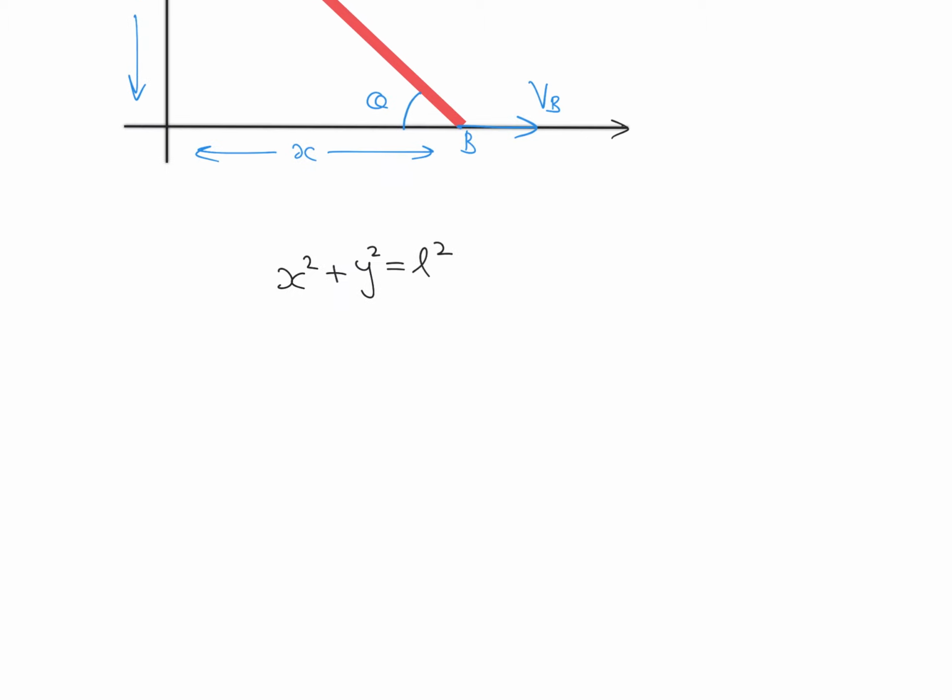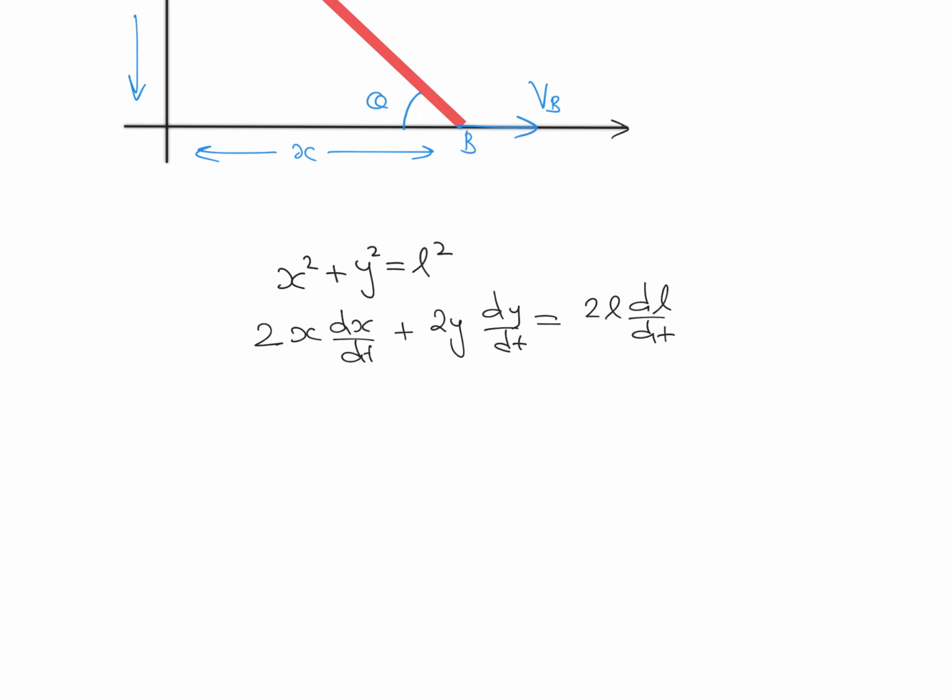Now if we differentiate this equation with respect to time, we get 2x into dx by dt, plus 2y into dy by dt, is equal to 2L into dL by dt.